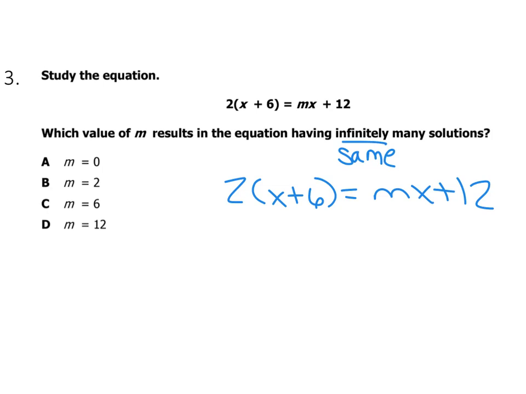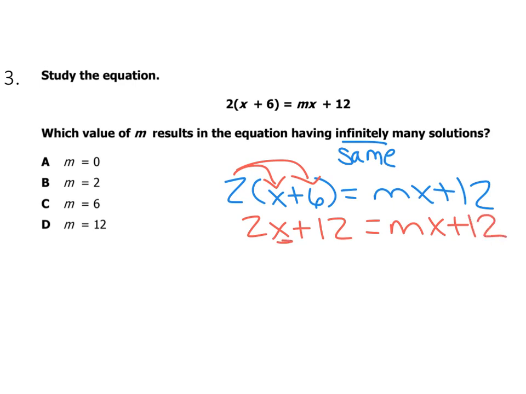When we distribute, we're going to multiply everything inside the parentheses by 2. And you get 2x plus 12 equals mx plus 12. We notice that we have an x that matches on both sides and plus 12 that matches on both sides. The only thing that's left is the number that's in front of x. And if I told you that they were the same, then m is 2.